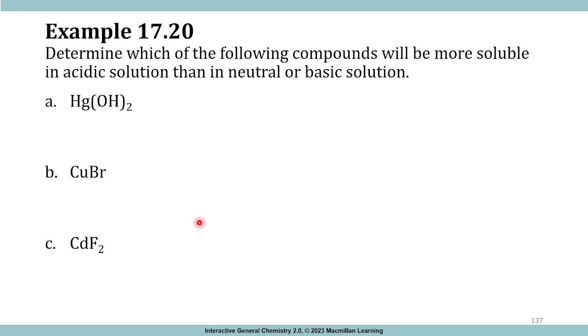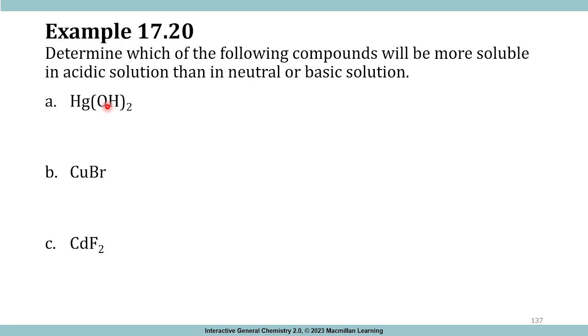There's another way to look at these things. That's to look at the anion and say, if I added an H plus to that, would that give me a strong acid or would that give me a weak acid? If it gives you a weak acid, then it's basic, isn't it? If it gives you a strong acid, then it doesn't have any basicity. Okay?